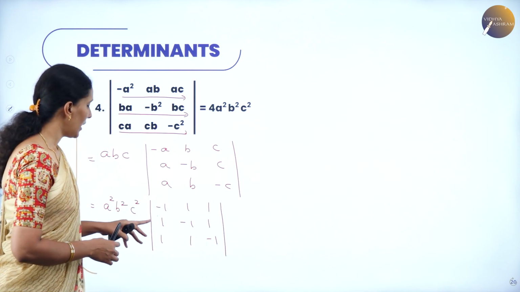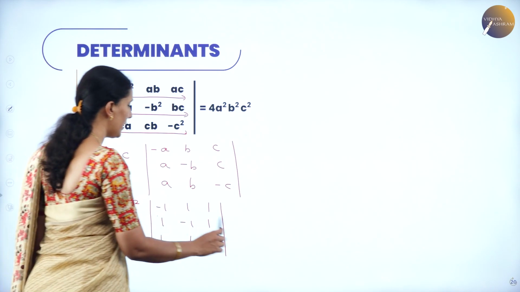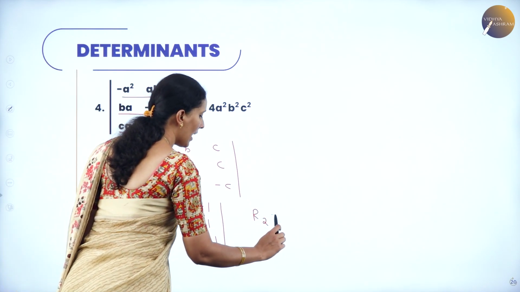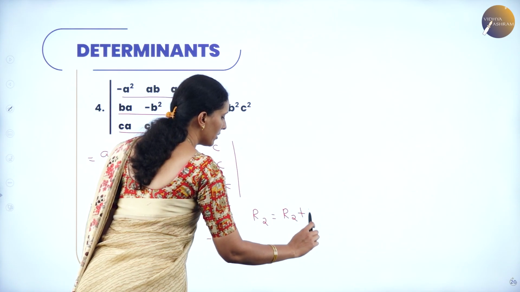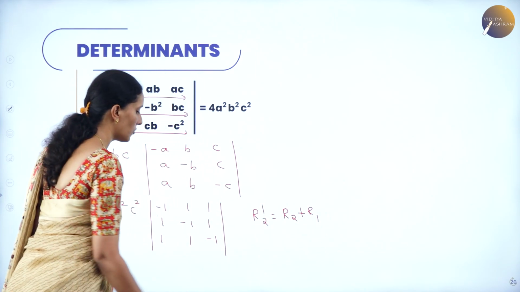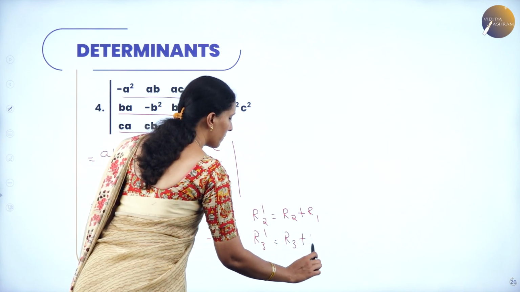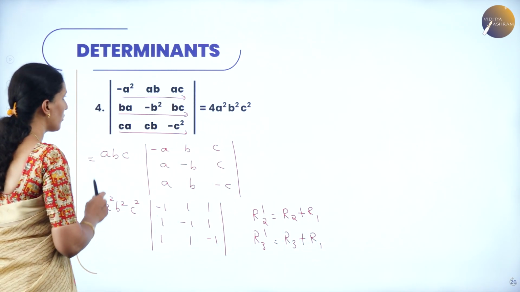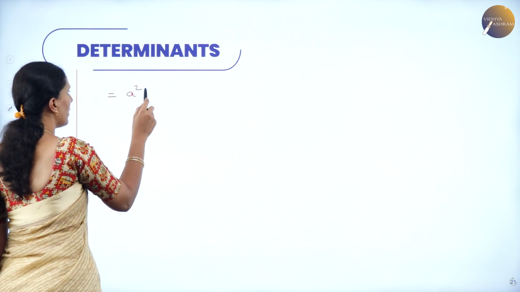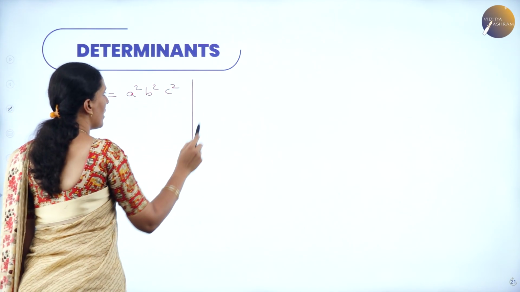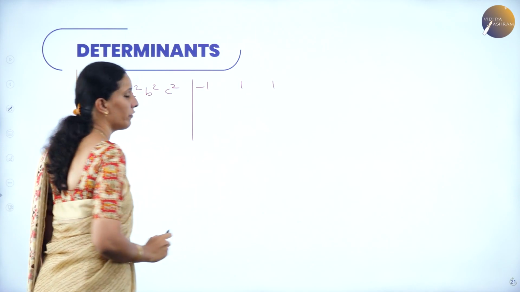Now let us perform an elementary row operation here. Let me take R2 as R2 plus R1. This is the new second row, and let me take R3 dash as R3 plus R1. What happens here? So we have here A square, B square, C square, and minus 1, 1, 1 in the first row.